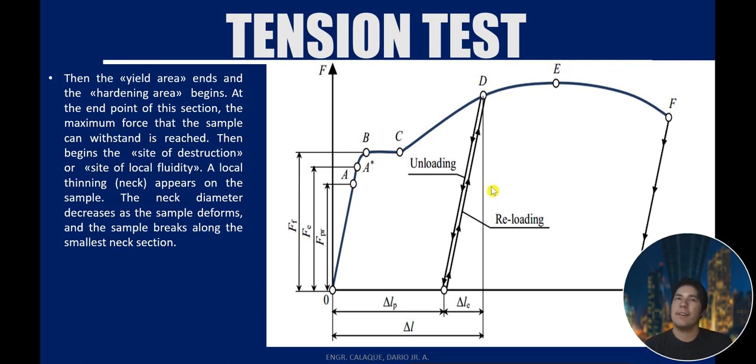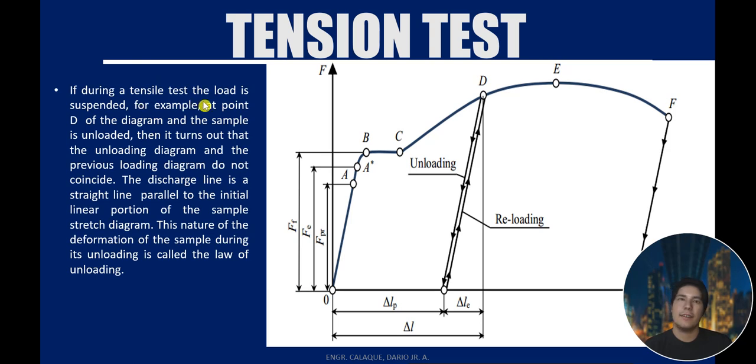So, syempre, nag-start na siyang mag-necking. So, meaning, yung cross-sectional area niya nag-decrease which affects yung stress na kaya niyang i-resist ngayon. No? Kasi yung stress, alam natin, is inversely proportional sa area.